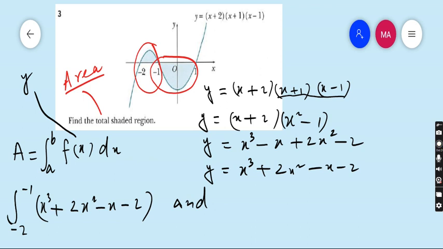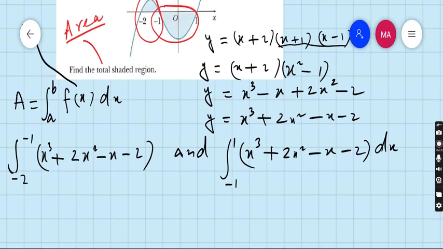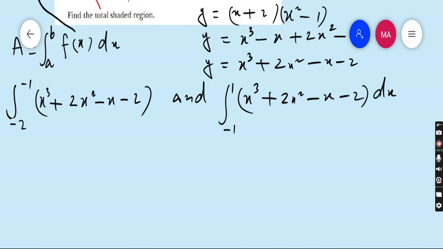Then we have to evaluate the limit minus 1 to 1, where y is the same, x cubed plus 2x squared minus x minus 2, dx. Then we will add both the areas. So one by one we have to integrate. First I am going to integrate from minus 2 to minus 1.